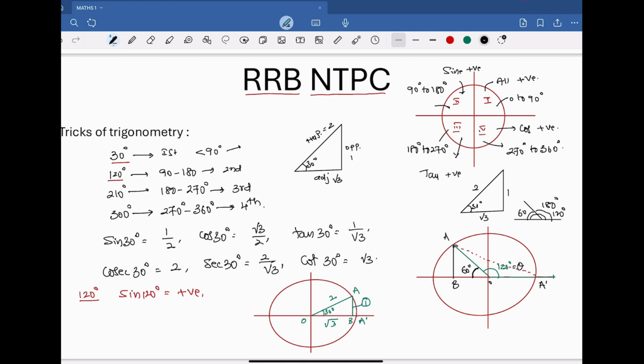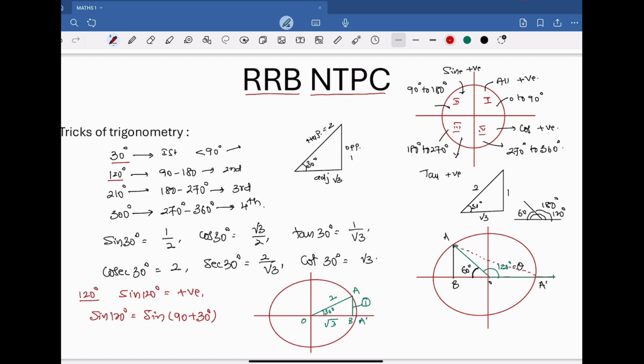Okay. Now, we have to find out sin 120. Can we write sin 120 this way? Sin 120 degrees is equal to sin of 90 plus 30 degrees.